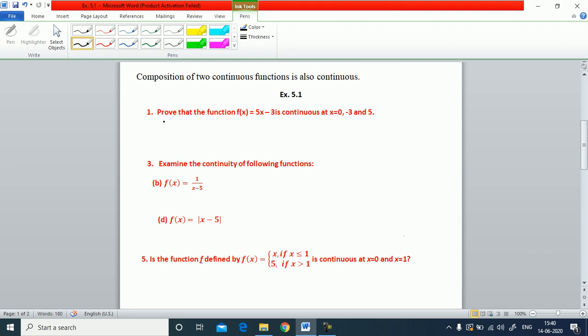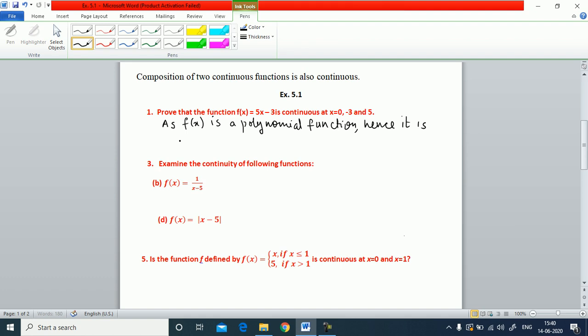So we can simply mention as f(x) is a polynomial function, hence it is everywhere continuous.